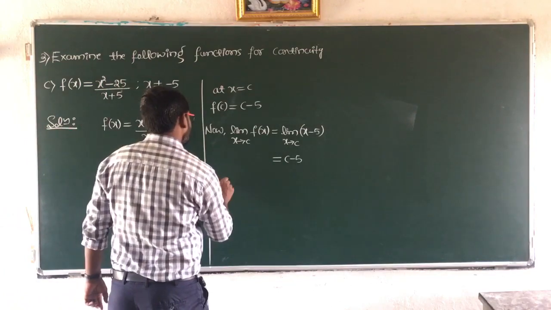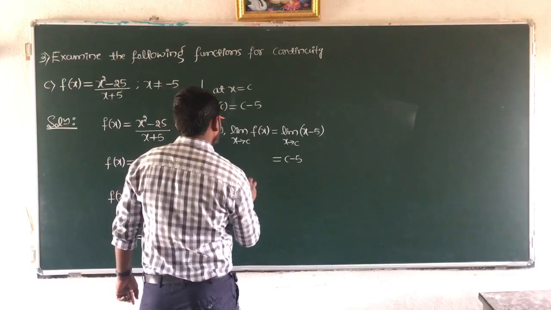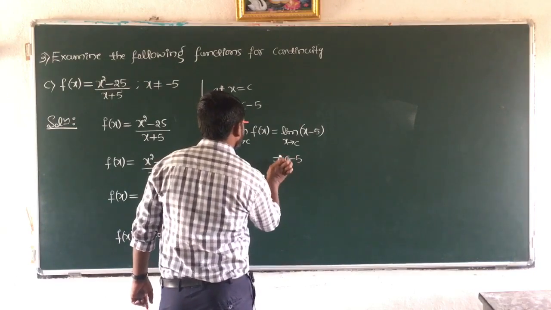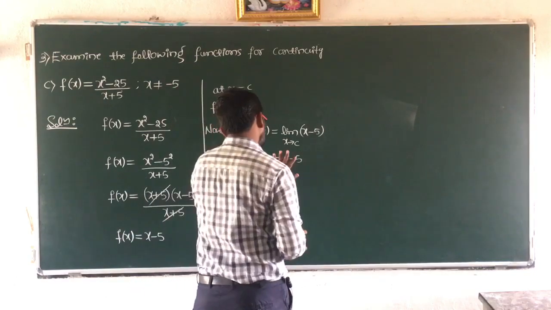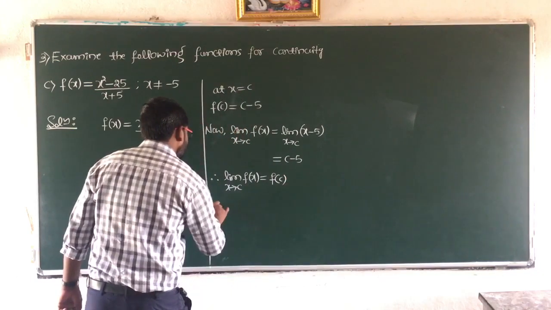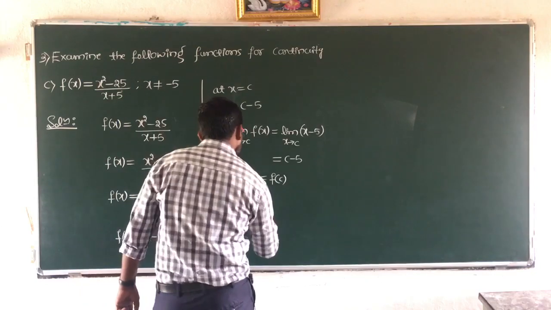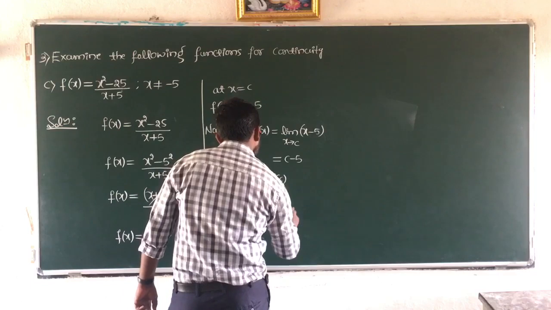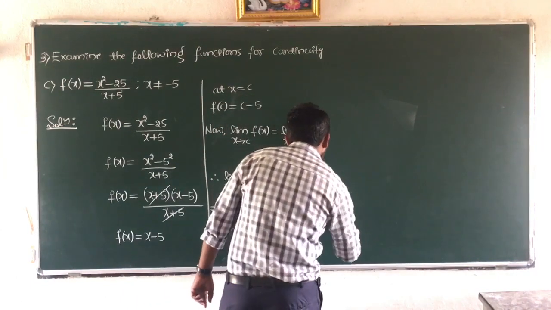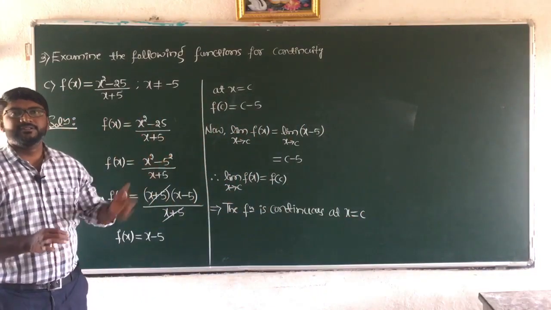Therefore limit x tends to c, f of x is equal to f of c. This implies the function is continuous at x equal to c. So this is all about the third sub question of the third main.